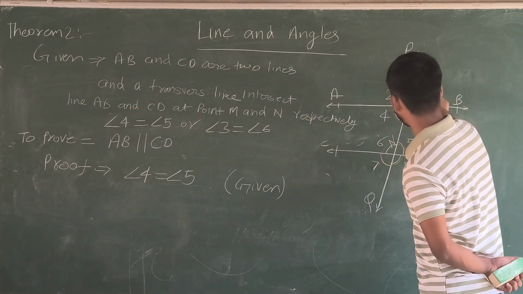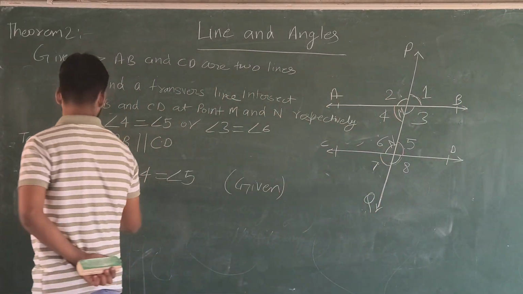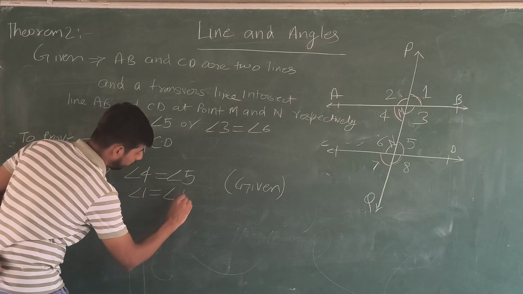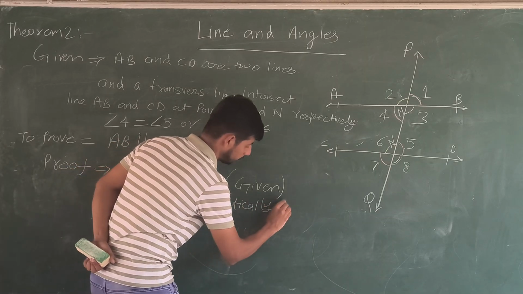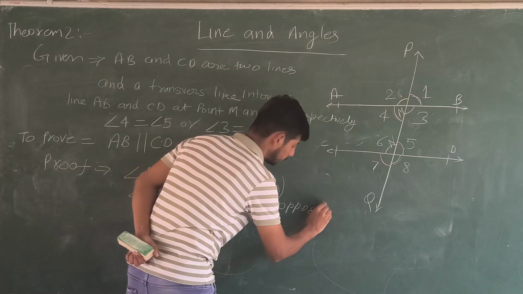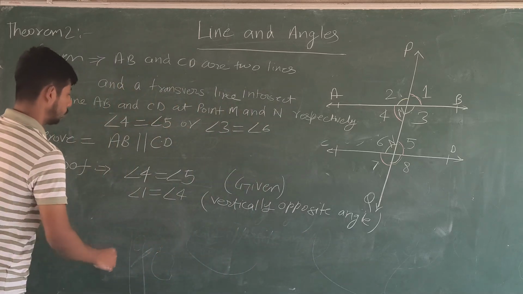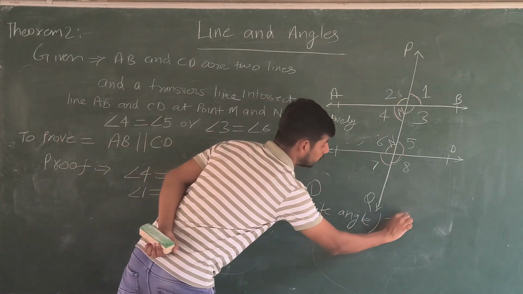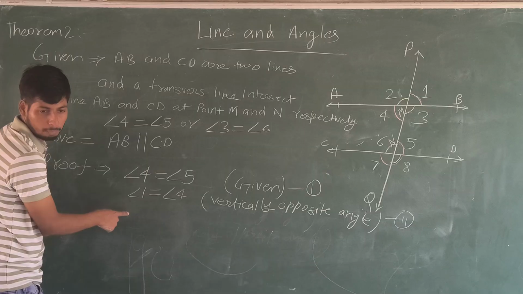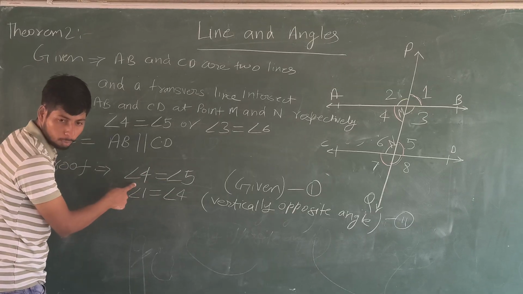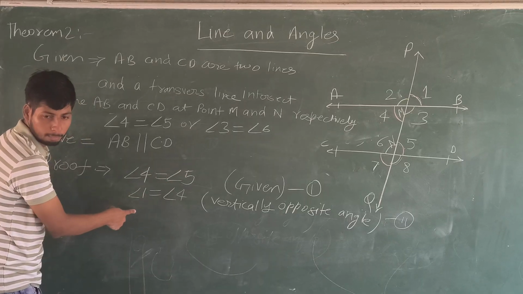Now from the figure we can say that angle 1 is equal to angle 4, vertically opposite angles. So if this is equation 1, this is equation 2, from 1 and 2 we can say angle 1 is equal to angle 5, because angle 5 is equal to angle 4, and angle 1 is also equal to angle 4, means angle 1 should be equal to angle 5.